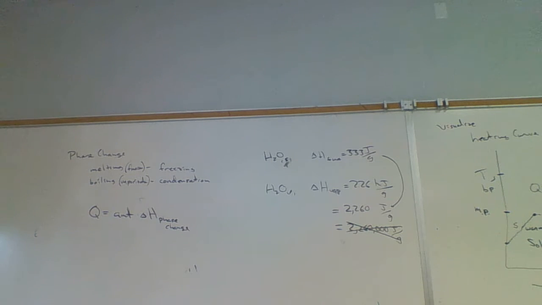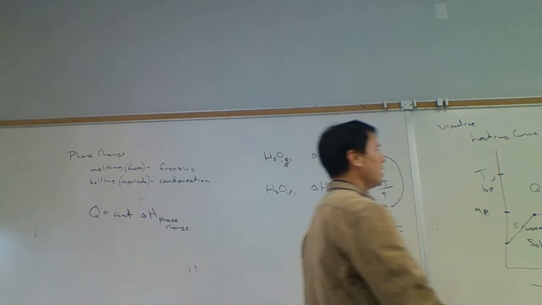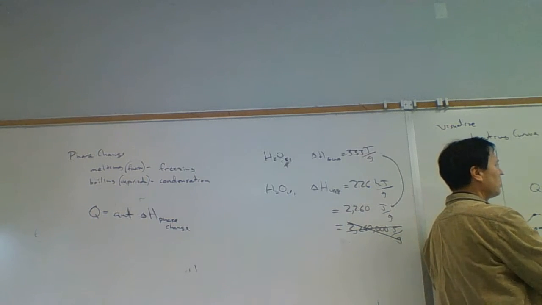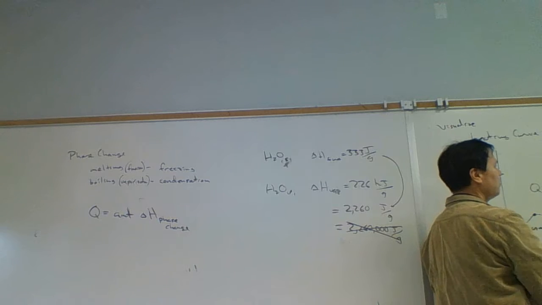Okay, so let's take a look at some example problems like this one. How much energy is needed to vaporize 188 grams of a liquid if its heat of vaporization is 1.13 kilojoules per gram? If we have a liquid and we're vaporizing it, then we're just here on this step.